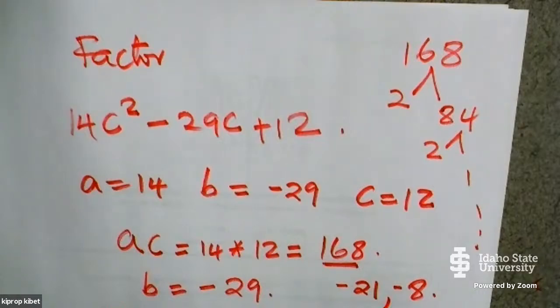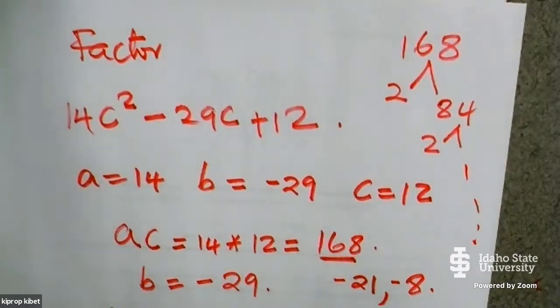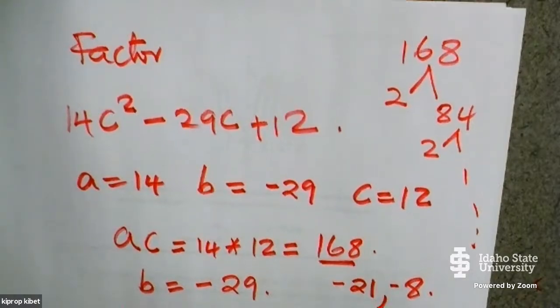If you divide by 2, you get 84. When you add 84 and 2, are you getting 29? No. If you go to another one, like 8, you start from the smallest and compare with the sum. Okay?